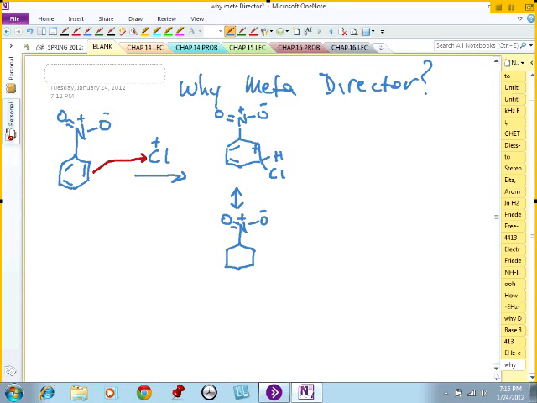So if we move this to here, that means now we have this here. Now the positive charge is on this carbon. Keep in mind this double bond is still here, and of course this is still here.